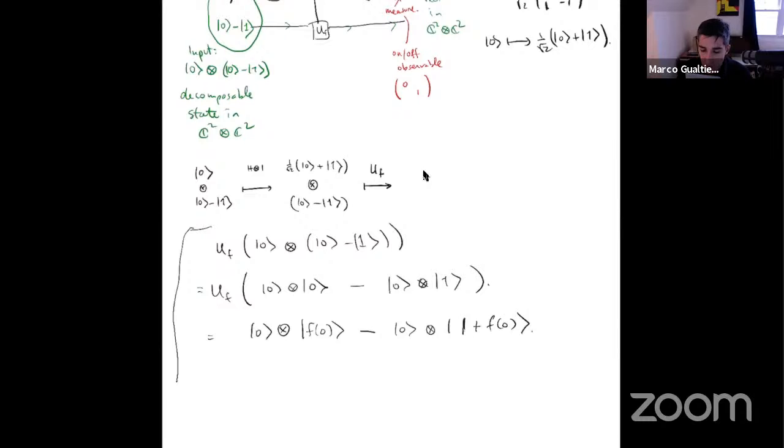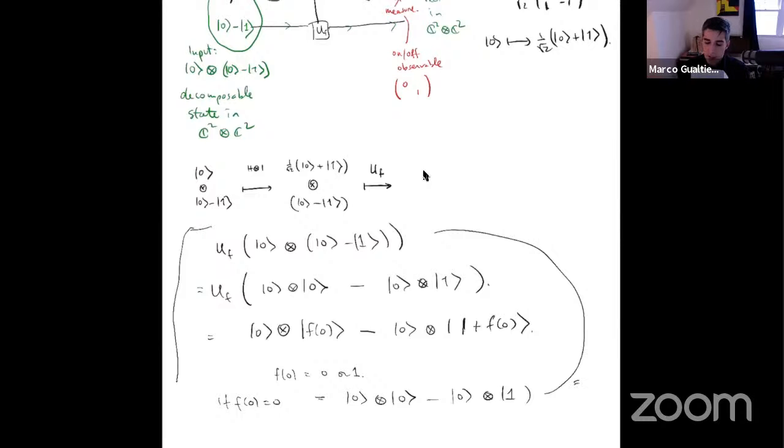Now, what is f of 0? Well, f of 0 is either 0 or 1. Now, if f of 0 is equal to 0, then that means that this thing is not changed at all, right? So this would be equal to 0 tensor 0 minus 0 tensor 1, which is exactly the same as what we started with.